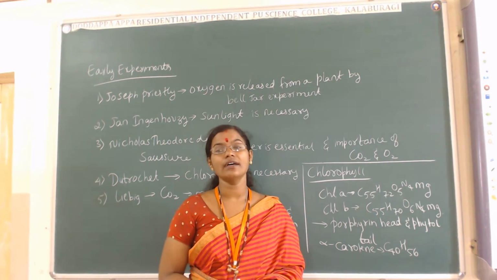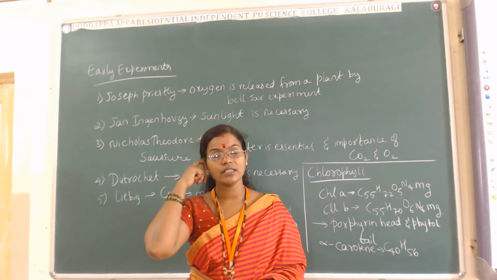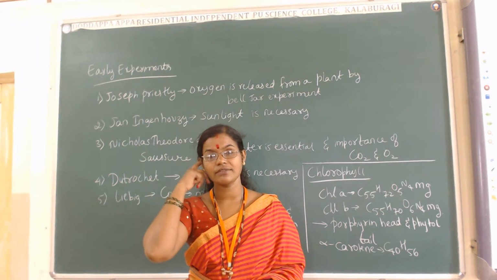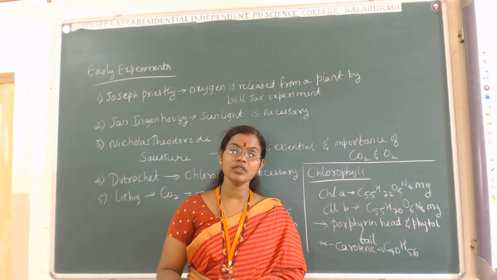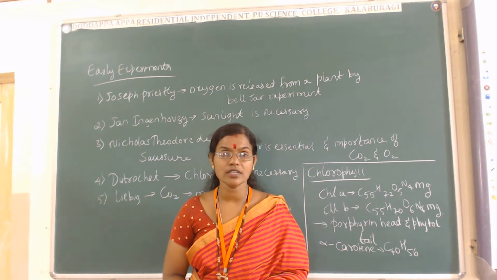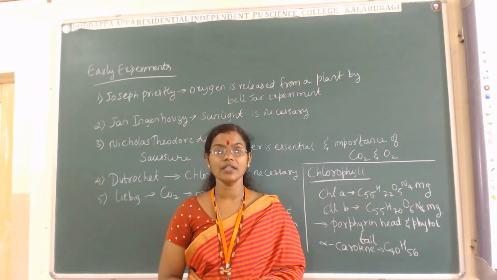Now, if you remember the first class, the site of photosynthesis is the chloroplast. There I talked about the quantasome, and before the quantasome, I talked about the thylakoids and the grana. Grana is the site of light reaction.